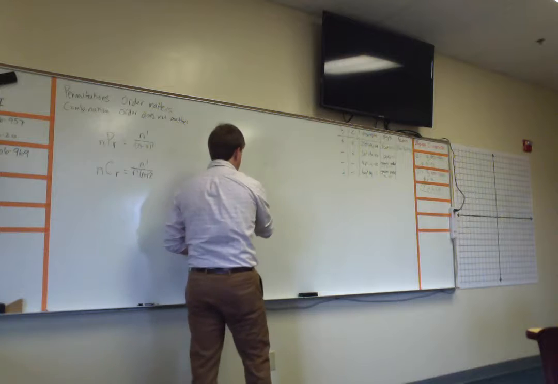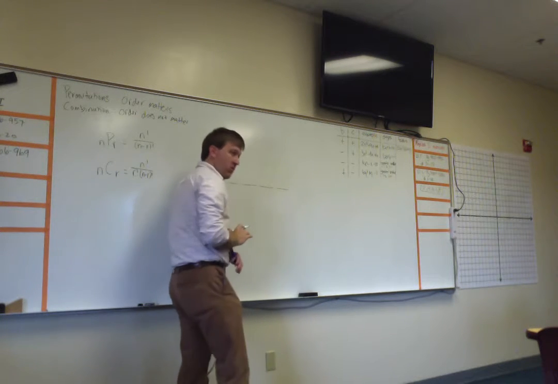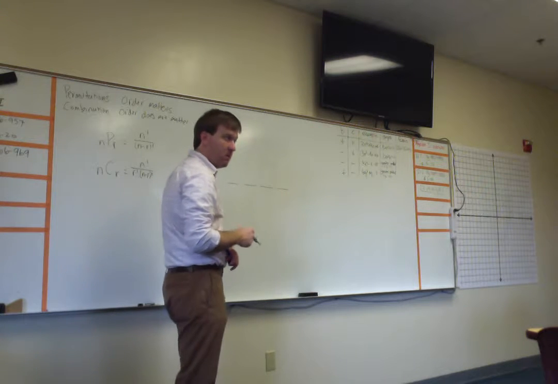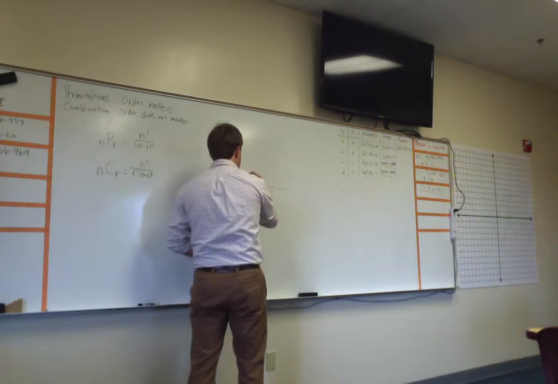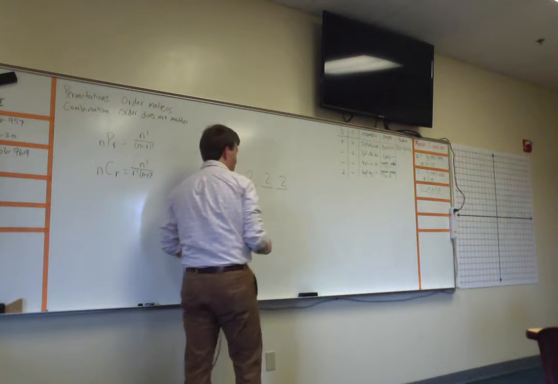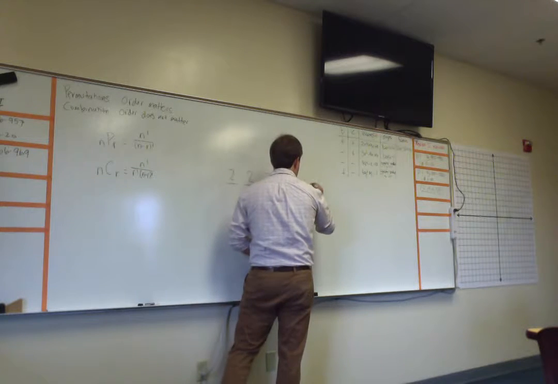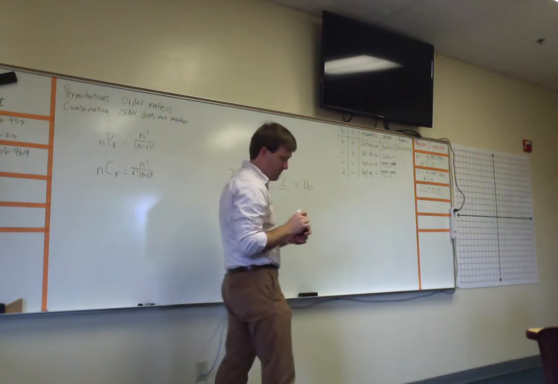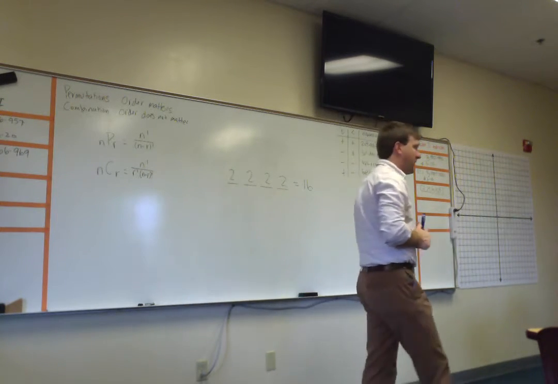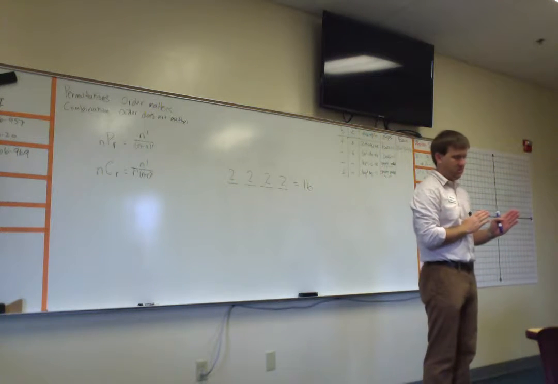So it's exactly what we've been doing, fundamental counting principle. I've got 4 slots. 4 slots is each coin flip. How many ways can the first one come out? 2, second one 2, third one 2, fourth one 2. Okay? Equals 16. That's the total possible outcomes. Total possible outcomes of how many ways a coin can be flipped 4 times successively.